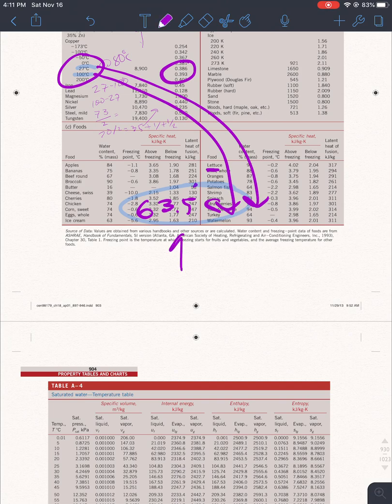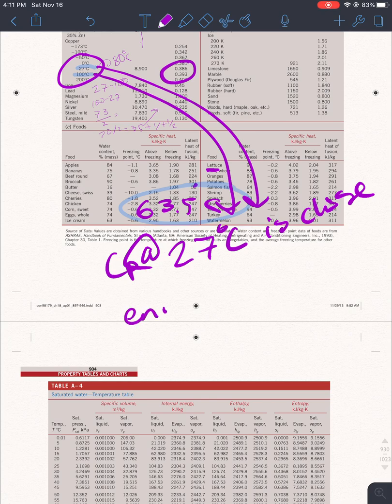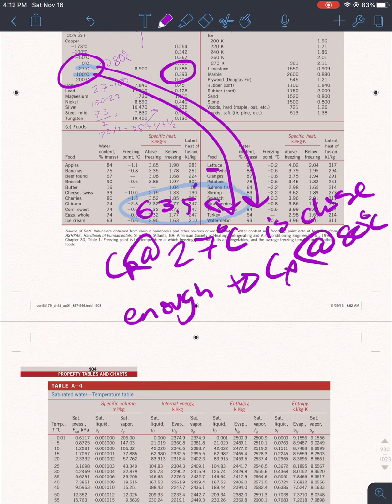So at 63.5, which is close enough, or actually according to the book, the CP at 27 Celsius is close enough to CP at 80 centigrade. Hooray.